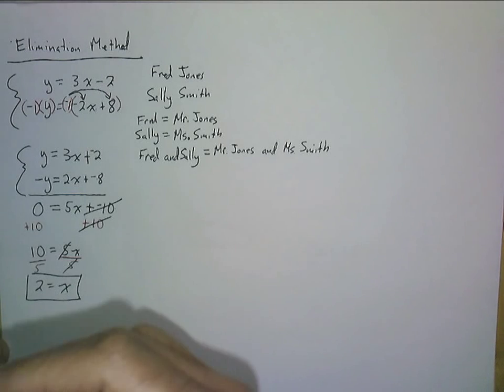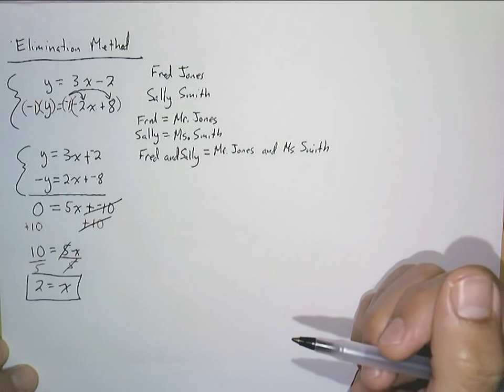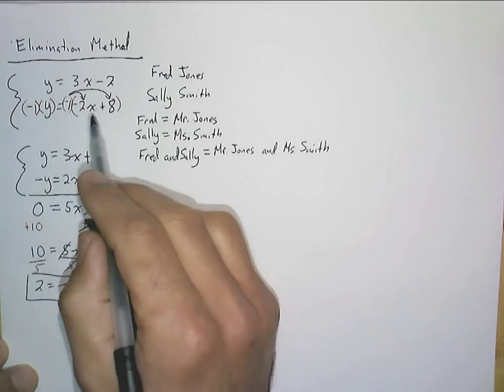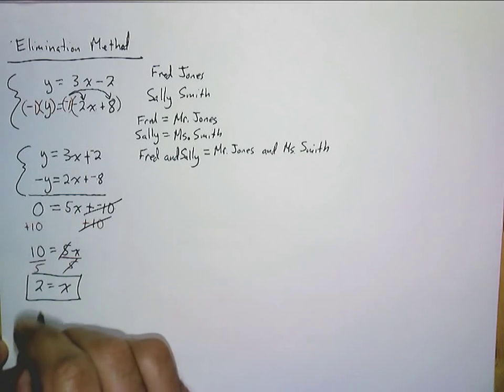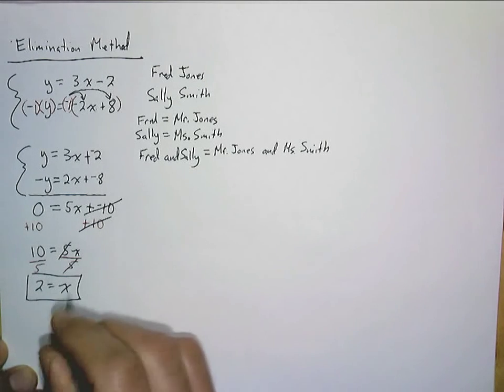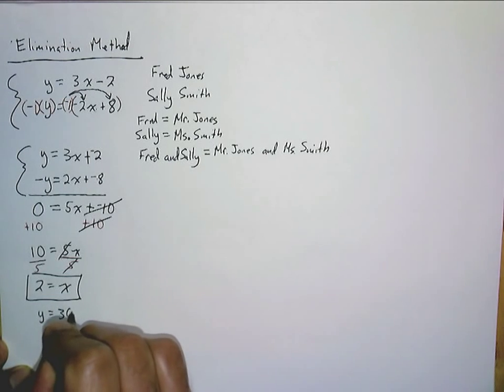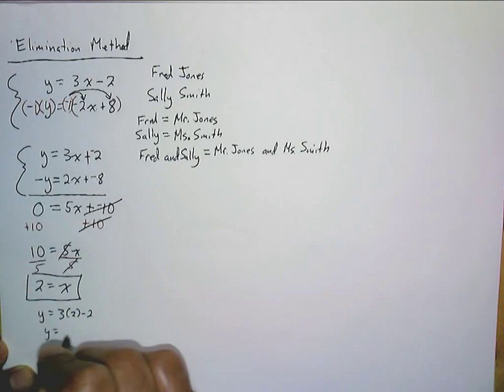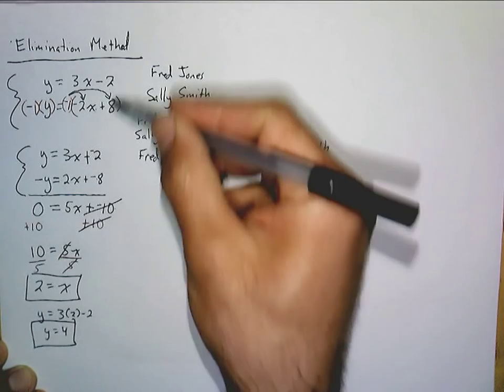And of course now we're going to get the other half of our solution by plugging this x variable back into both of the original equations. And of course, we've already done that before, so y is equal to 3 times 2 minus 2, and yes, y is equal to 4 for the first equation.